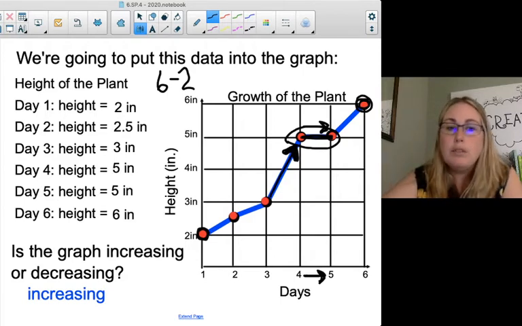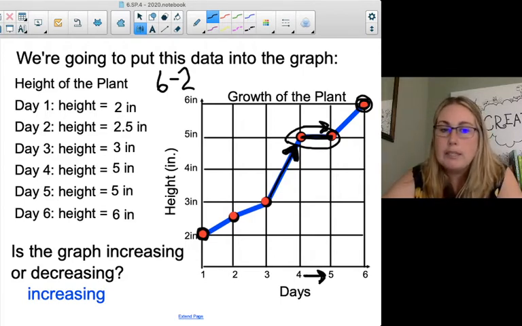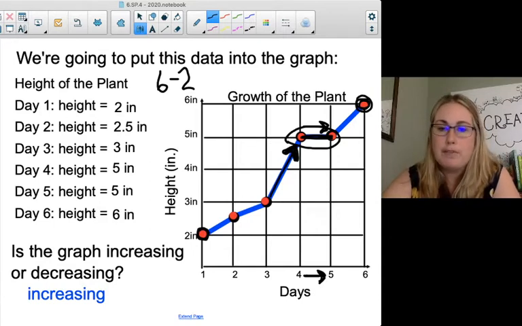Now you could also go through and subtract 6 take away 5. So I know this was 1 inch of growth. This was 0 inches of growth. From 3 to 5, the difference between those two is 2 inches of growth. So you can do the math to figure this out.